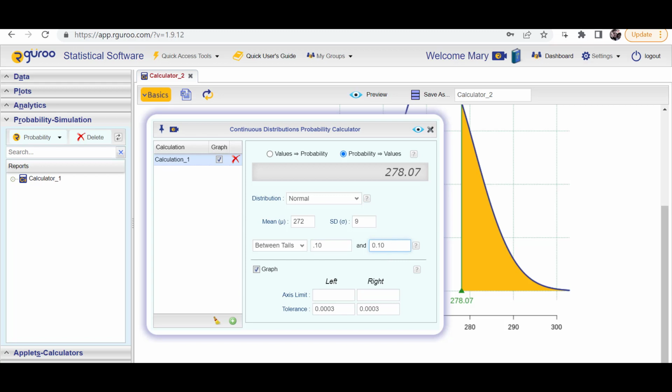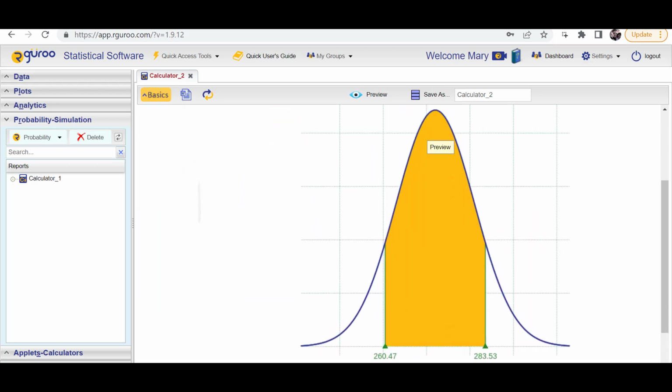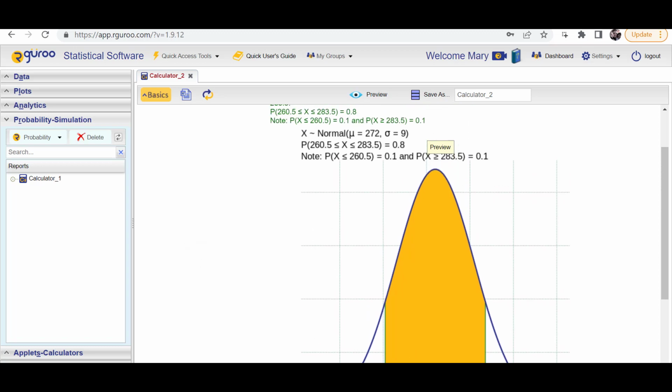You just put in the area on either side and preview, and you can double check. It says the area to the left is 0.1, and the area to the right is 0.1. But look, it gives you the area in between the two as 0.8, which is 80%. So you've entered it right.